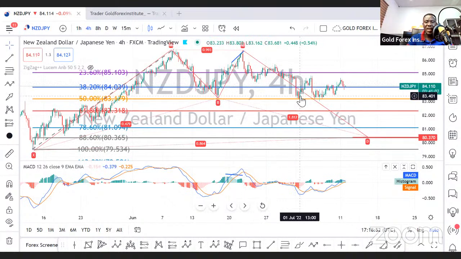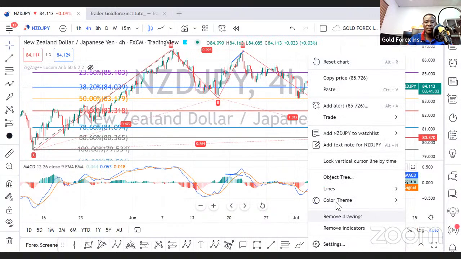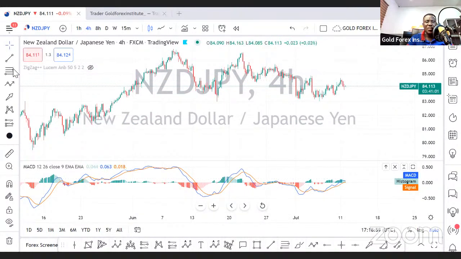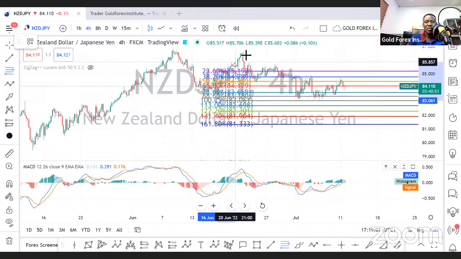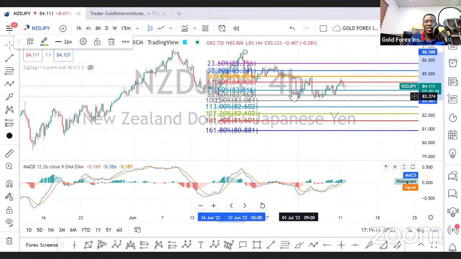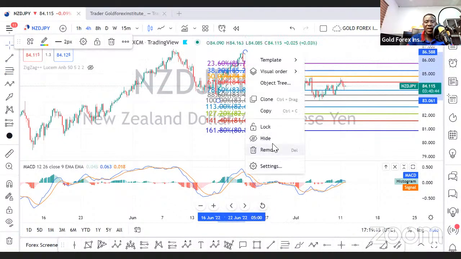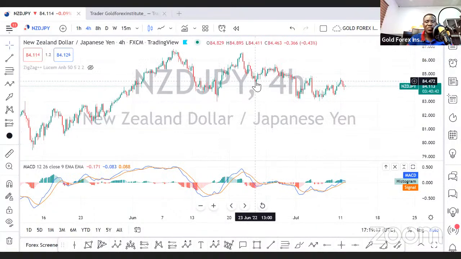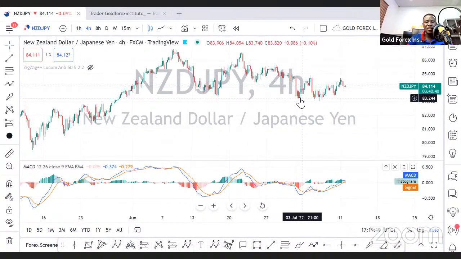Now, the reason why we ended at this level is that, look at something over here. A harmonic pattern also formed around this level. I think this was a bat pattern also. Let me check. Yes, it was a bat pattern. It formed within the bigger harmonic pattern, because this B was at 50 and this one was 88, which was a bat pattern.